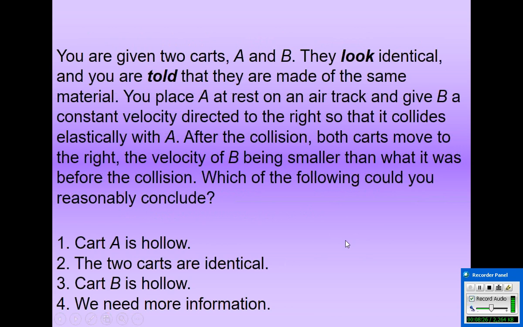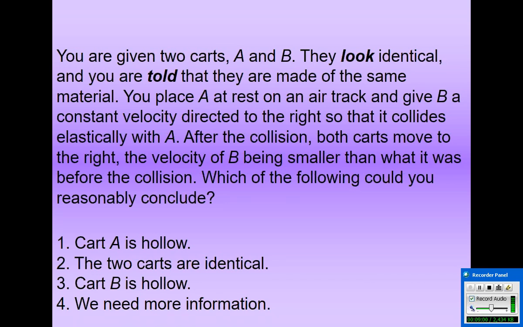Take a look at this conceptual question. We have two parts, A and B. They look identical. They are made of the same material. We put A at rest on a frictionless air track, and we put B on it, and we push B towards A. And B collides with part A. And after the collision, both parts are moving to the right, although the velocity of part B has slowed down a little bit.